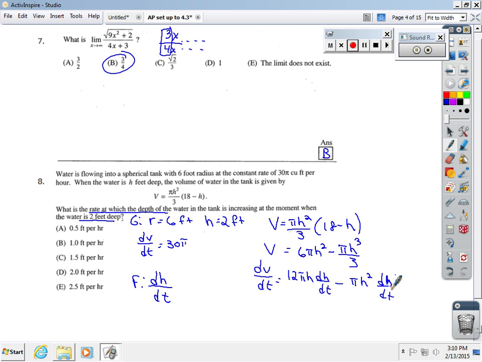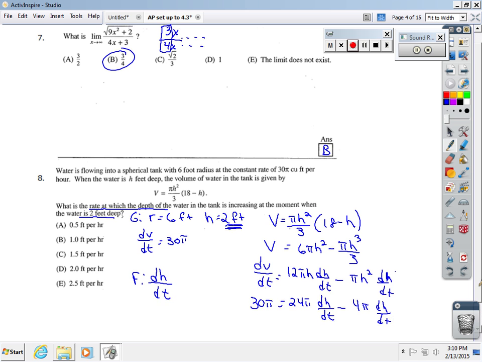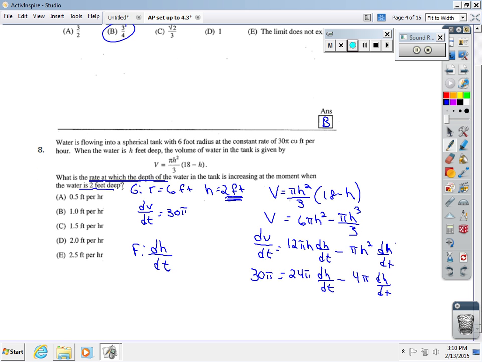Okay, now when we do some substitution here, this is going to be our 30 pi. h is given to us as 2, so that's going to give me a 24 pi dh/dt. The 2, again using h, is going to be a 4 pi dh/dt. 30 pi equals, factor out a dh/dt, and this leaves me with 24 pi minus 4 pi.